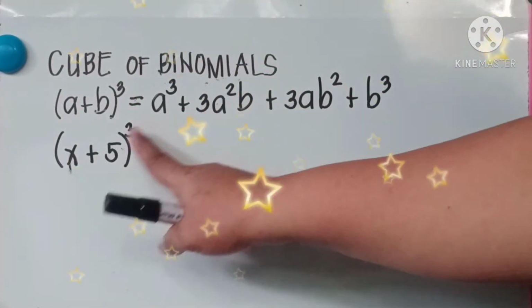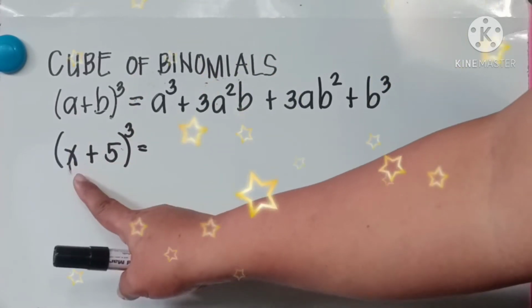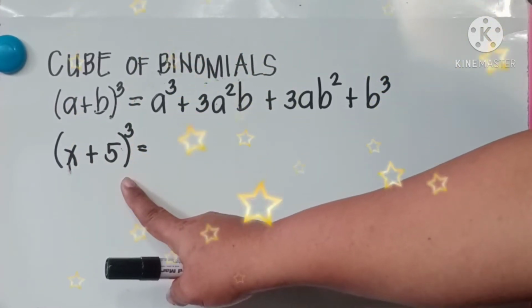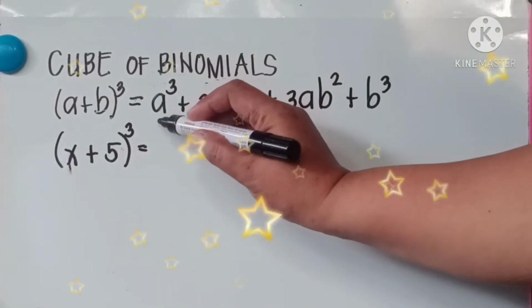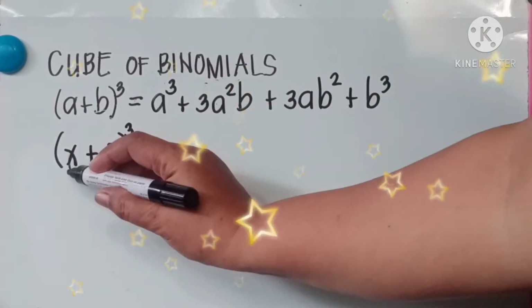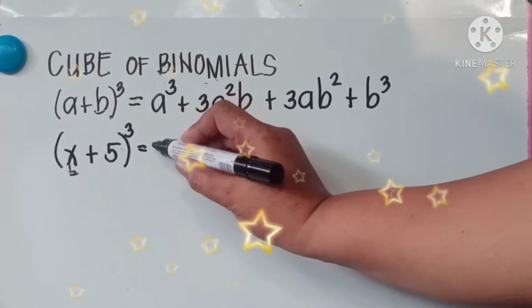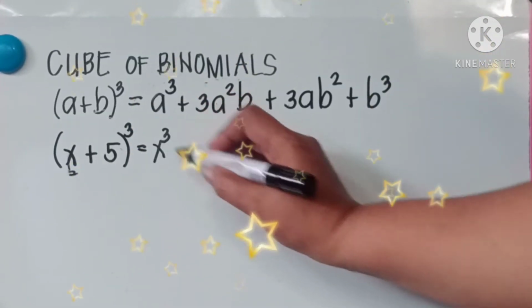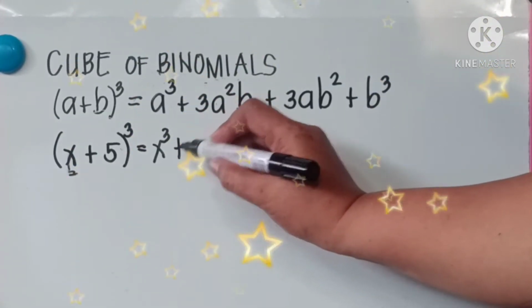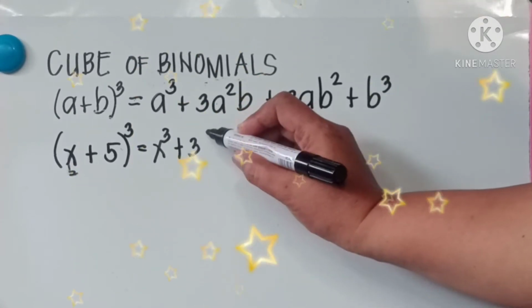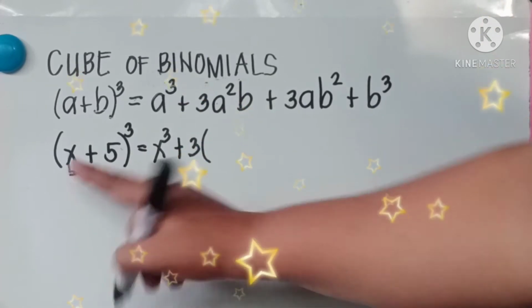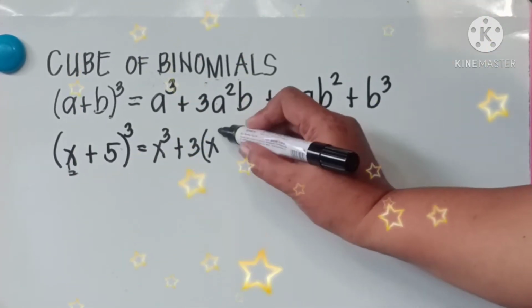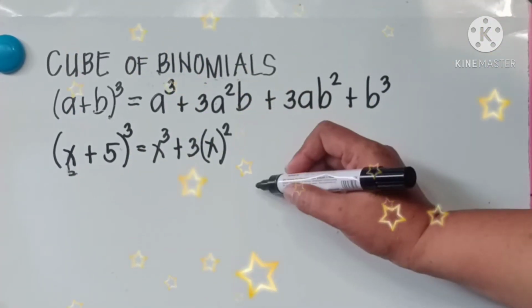So our first example is the cube of x plus 5. Just follow this pattern. Get the cube of the first term. This is our first term. We have x cubed plus 3 multiplied by a squared. So a is x, then raise this to the second power.